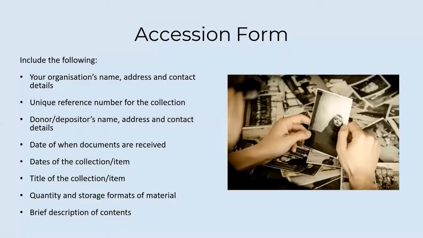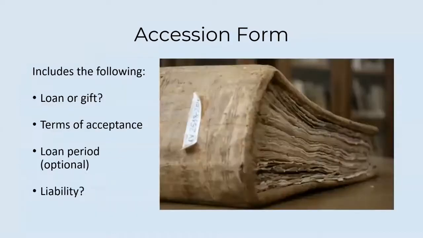The title of the collection or item, for example Helen Smith collection. The quantity and storage formats of material, for example 2 boxes, 3 folders, 5 CDs, and then a brief description of the contents, such as local history research, physical and digital photographs, digital film files, sketches, diaries, and notebooks.